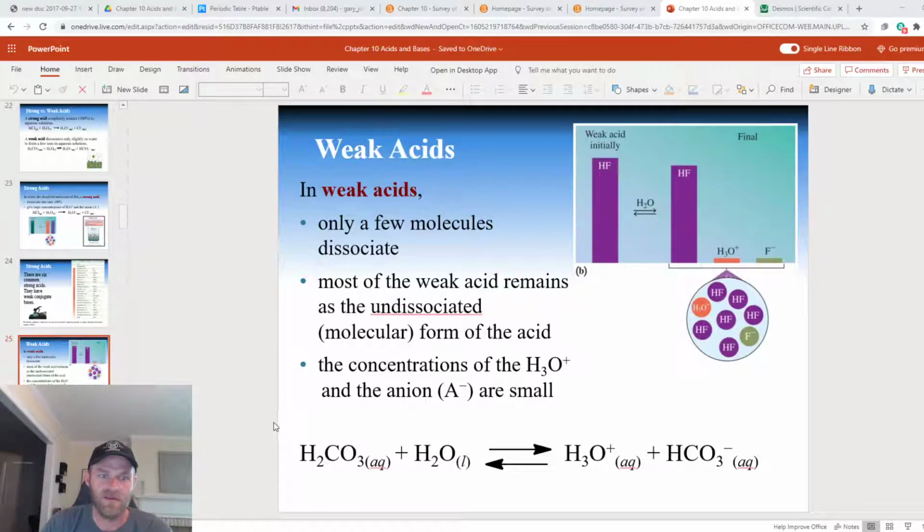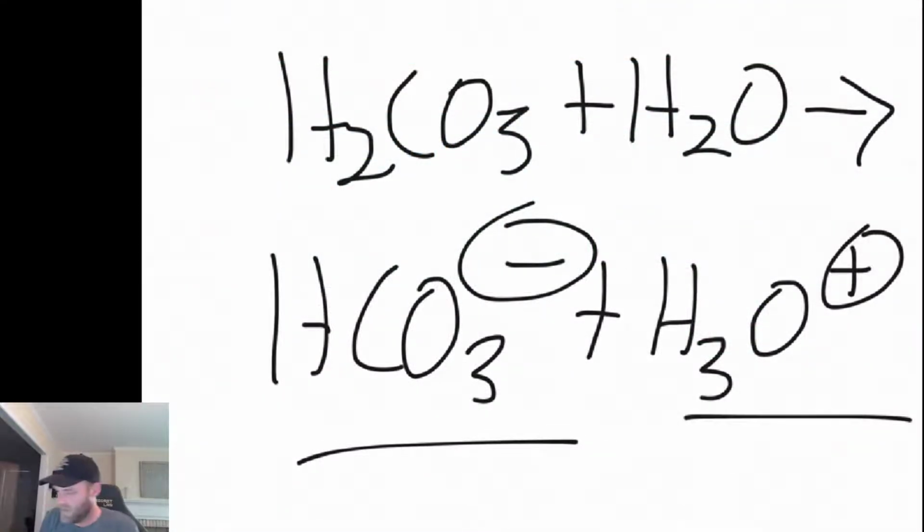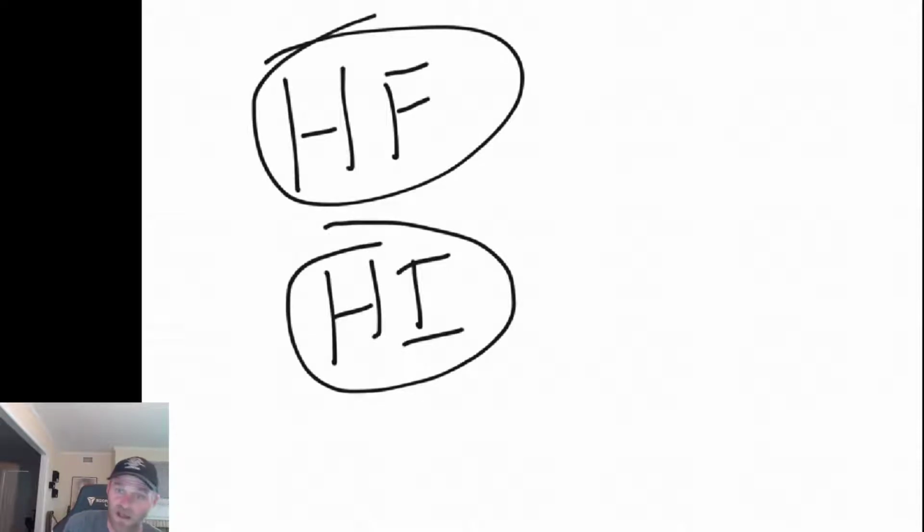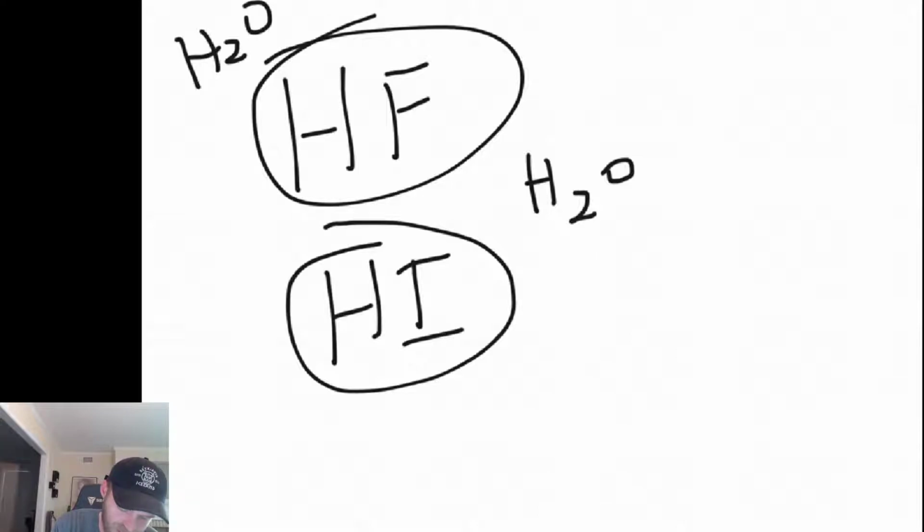So I'm going to do an illustration best I can. This is how I imagine it. I imagine HF and HI each as one molecule. Imagine these are molecules floating around in the water, okay? And so I'll draw some waters out here, H2O, H2O, H2O, right?